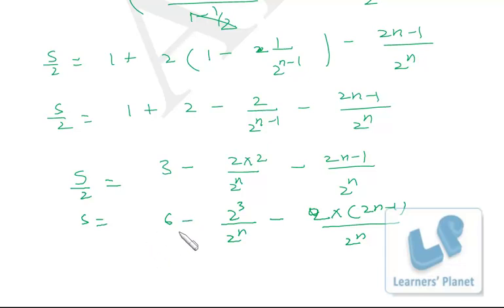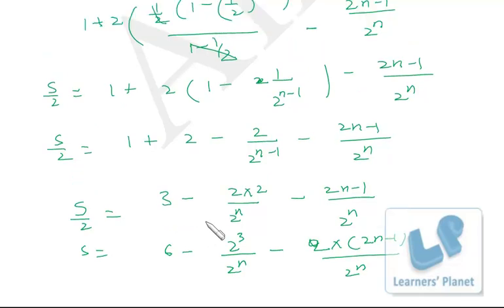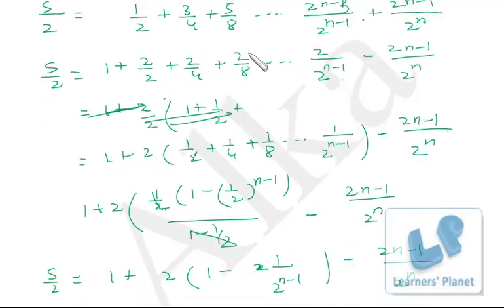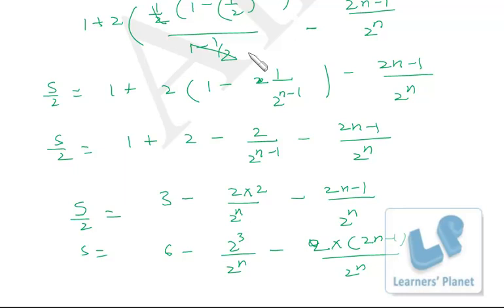Now how would you verify whether this is correct or incorrect? So we know if we put n is equal to 2, I'm sorry, so we'll be getting the sum of 2 terms. So sum of 2 terms is what? 1 plus 3 by 2, that is 5 by 2, right? Just put n is equal to 2 and just see whether you are able to get 5 by 2 or not.